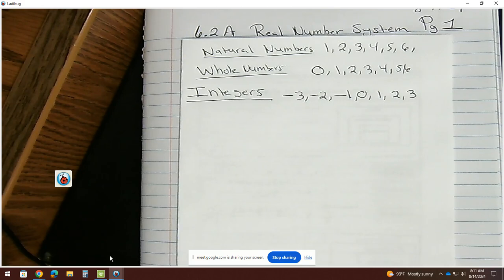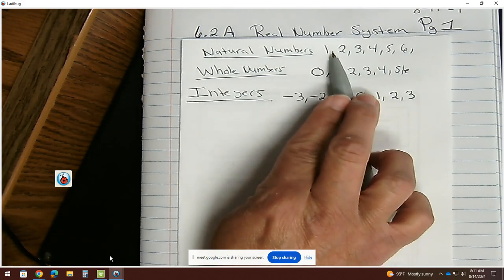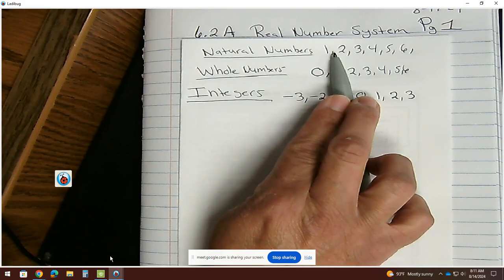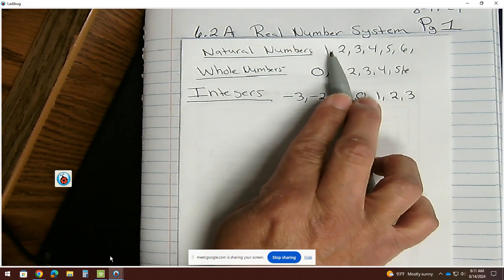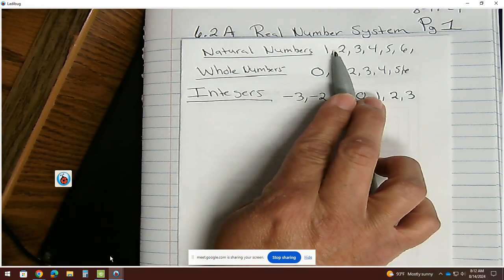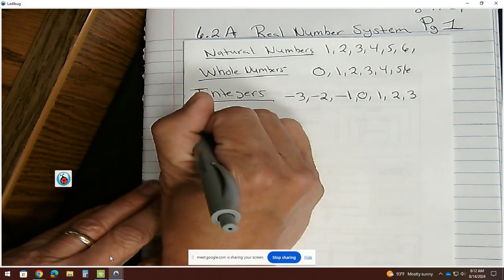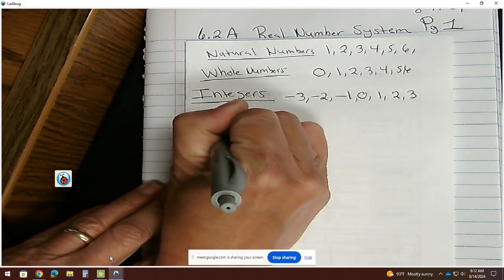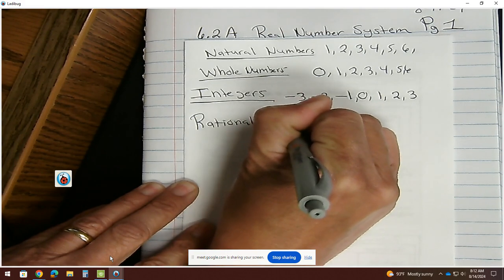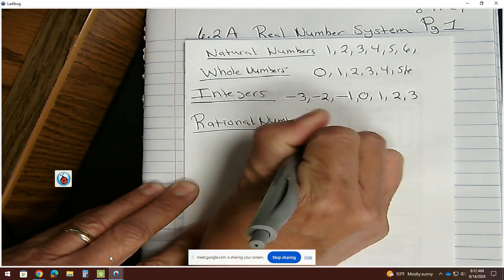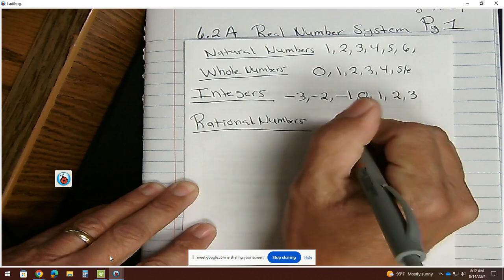But then somebody says, what happens when we fall between? For example, what's between 1 and 2? 1.5, 1.1, 1.6. Those are your fractions and decimals. Those are called rational numbers. I'm just going to give you examples because there are so many.